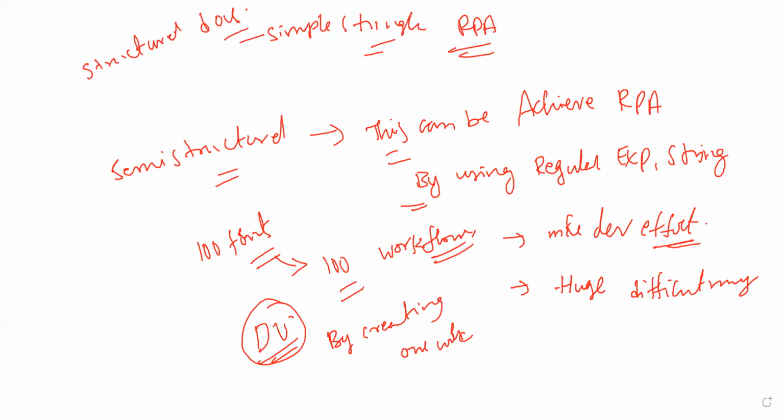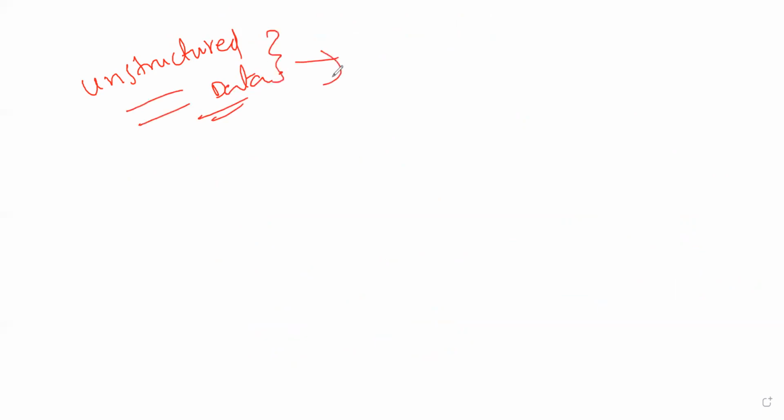And there is another kind of format, which is unstructured. When it comes to unstructured data, we need to use document understanding along with AI. The combination of these two will help us automate unstructured data, because it is very hard to identify and extract the information.